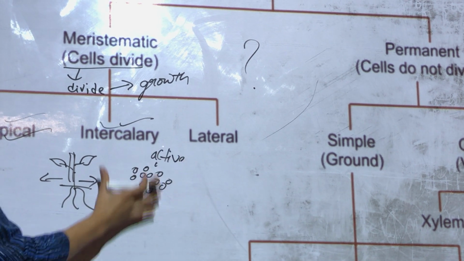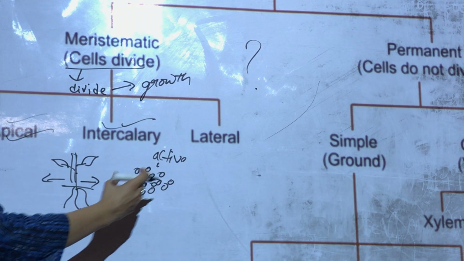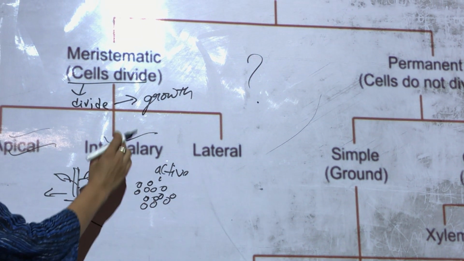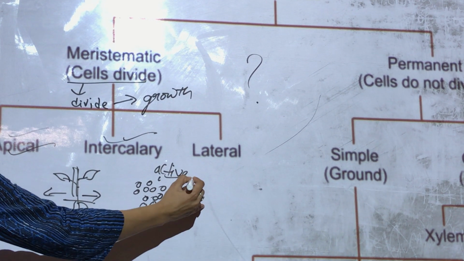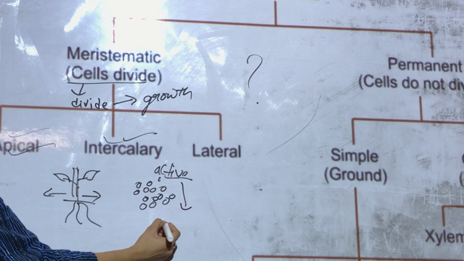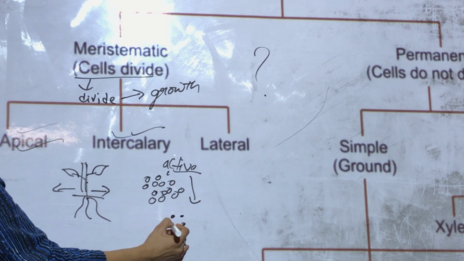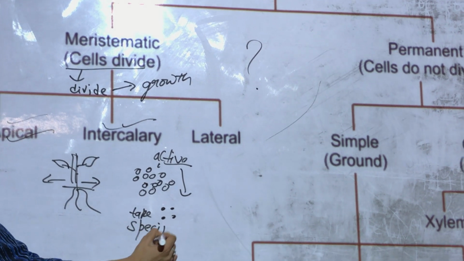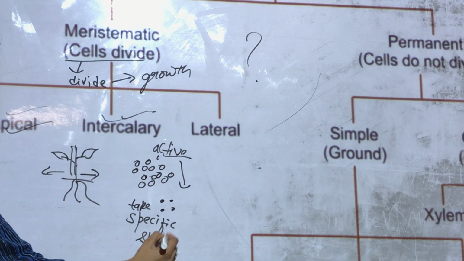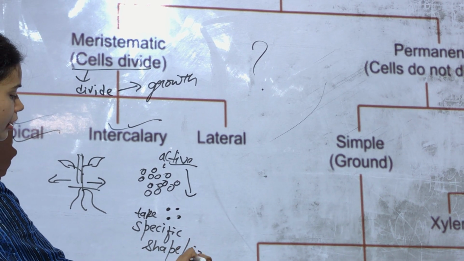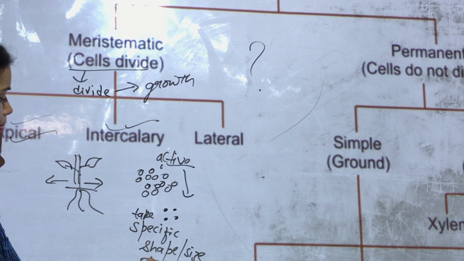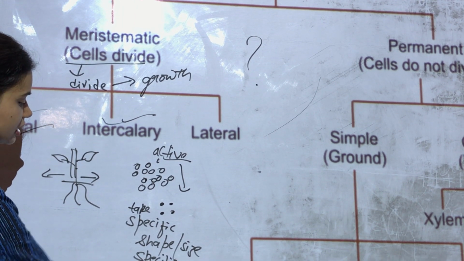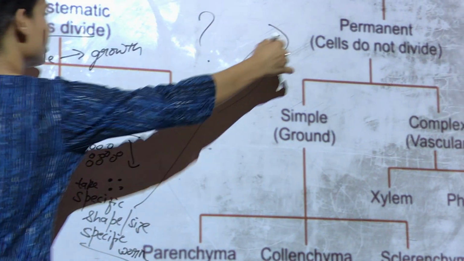They are constantly growing so that they can provide growth to specific parts in a plant. But there comes a point when these active cells become very slow and they don't divide. They take specific shape, size, and also they perform specific work. So these type of cells are permanent tissues.